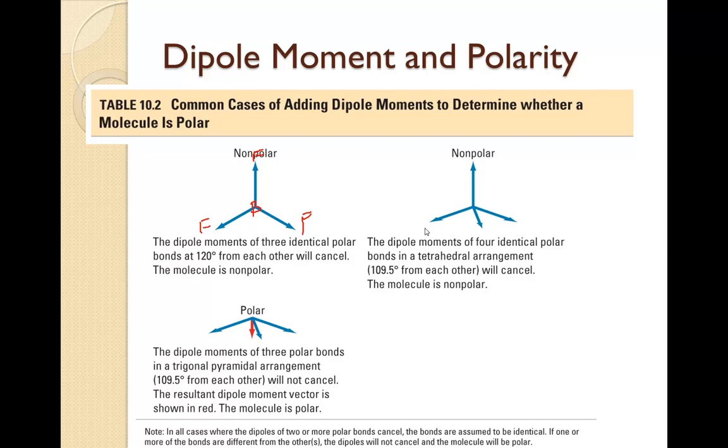The molecules are nonpolar. But if you have a lone pair situated here, the dipole moments of the 3 polar bonds of a trigonal pyramidal arrangement will not cancel. The resultant dipole moment vector is shown in red. The molecule is then polar. So you have to look at whether or not the polarity is being canceled out by one another.